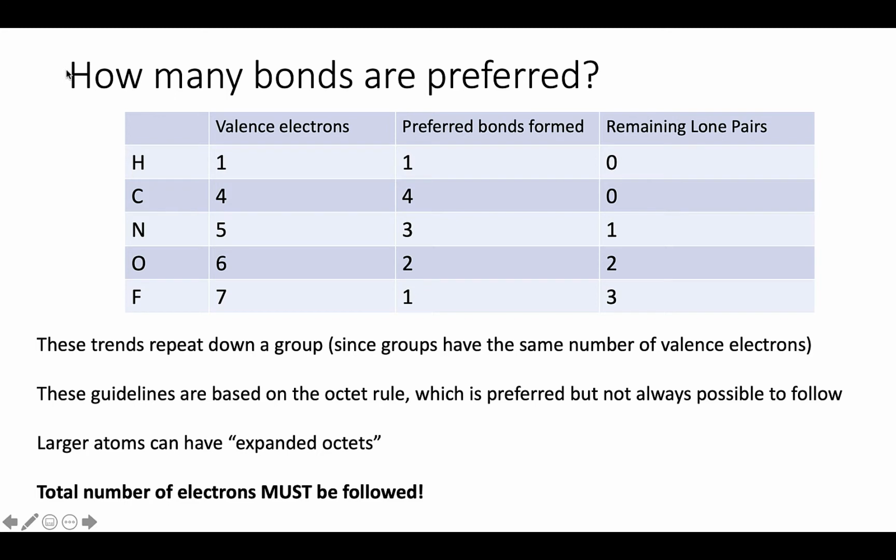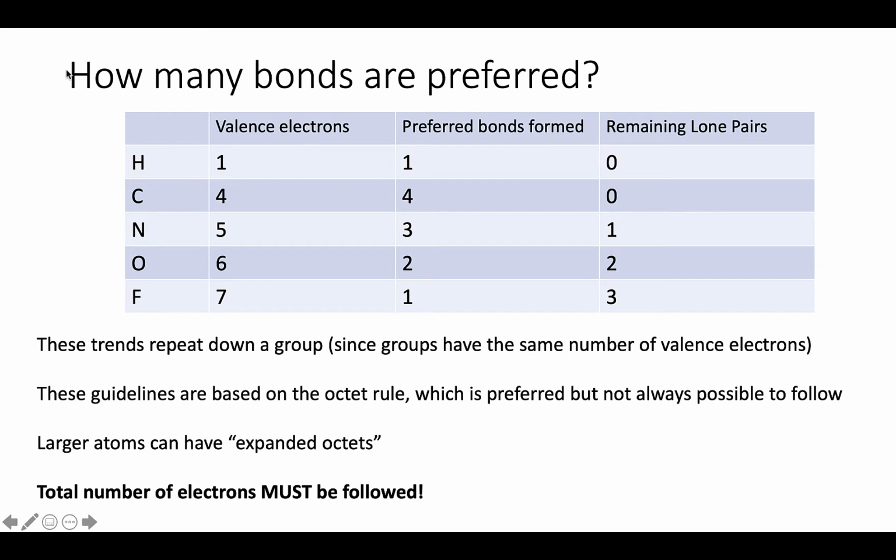And this really follows with the idea that atoms want to be like noble gases, right? The end of this period that has carbon, nitrogen, oxygen, fluorine is neon, which has its 8 valence electrons, right? Its complete shell. And so the motivation for all of these different atoms is to have that complete shell as well. But of course for hydrogen, gaining 1 makes it like helium, so its complete shell is 2 electrons.